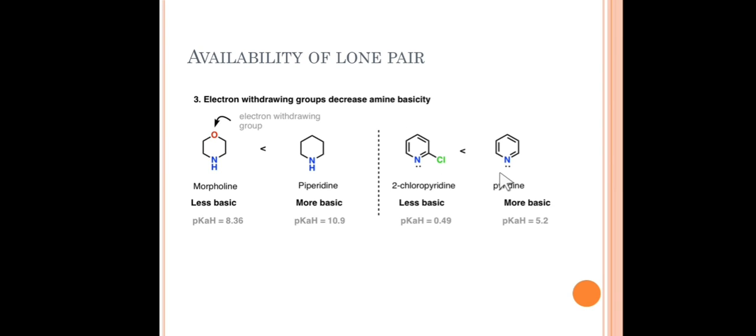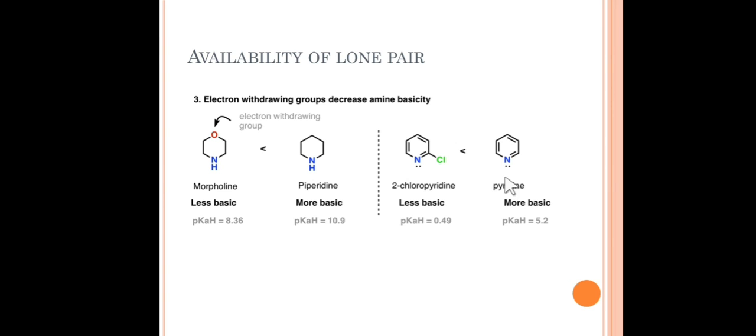If we consider 2-chloropyridine and pyridine, you know that the lone pair on the nitrogen of pyridine is available for donation because it is not taking part in the aromatization.